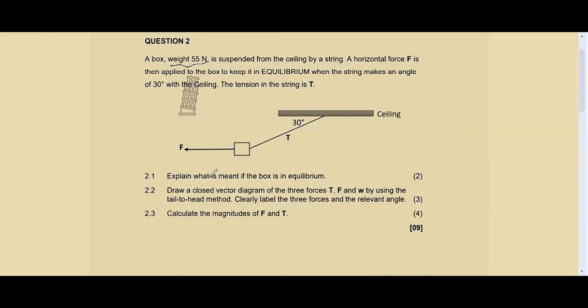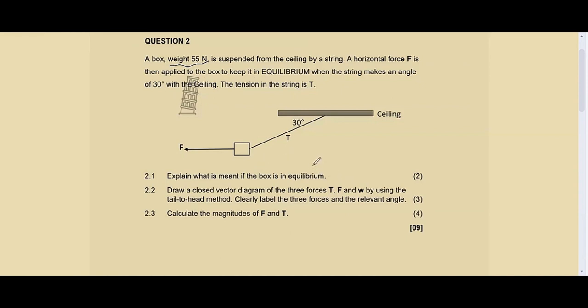2.1 says explain what is meant if the box is in equilibrium. What we understand by that is that all the forces there will now be balanced, since we are told of the horizontal force, which is keeping all these forces in balance.